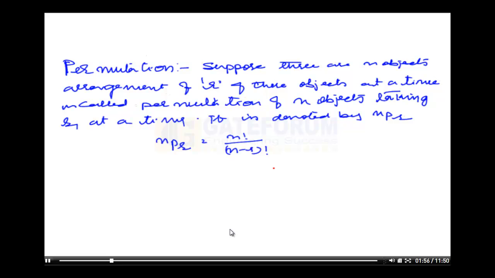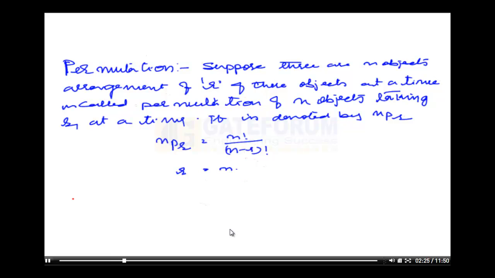So here when you take the permutation of the objects, there is no repetition of the objects in this case. So nPr equals n factorial by n minus r factorial. Suppose r equals n, that means if you take all the objects and start arranging, then it is called linear permutation.